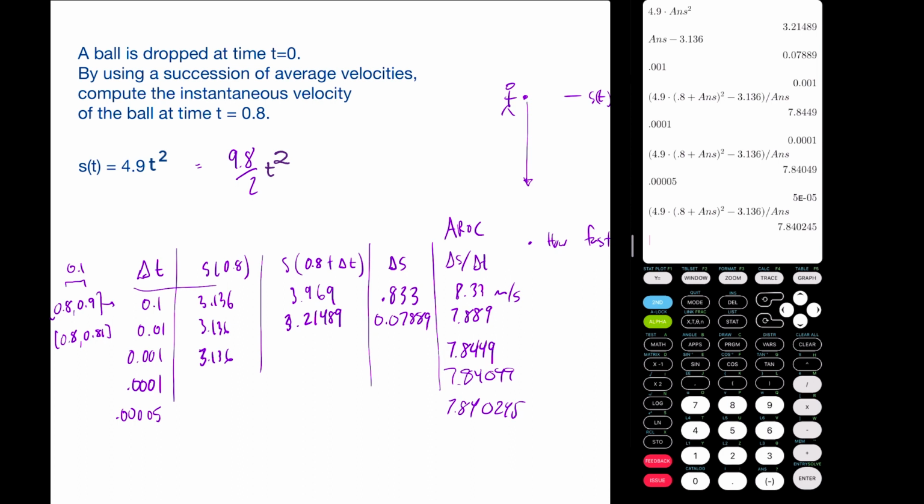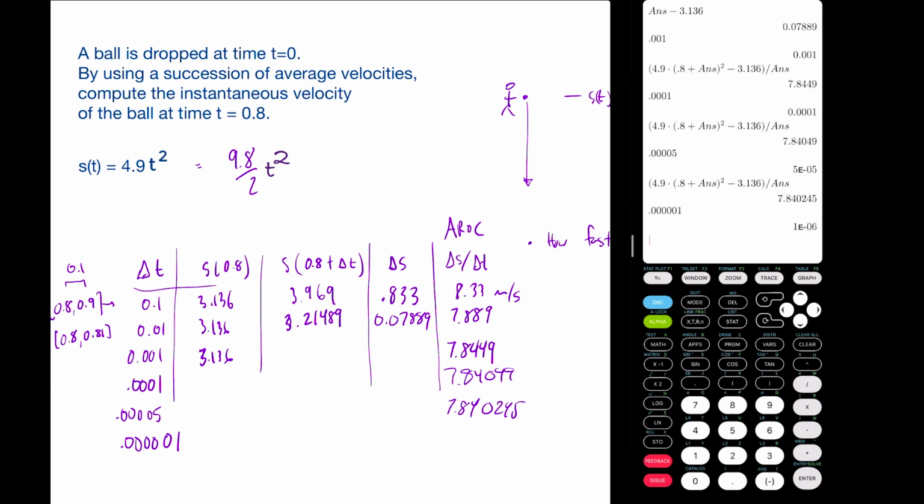Let's do one more in the sequence now that we have a mechanism for doing them really easy. So let's do 5 zeros and a 1. 1, 2, 3, 4, 5 zeros and a 1. That's my delta t value. And evaluate it.